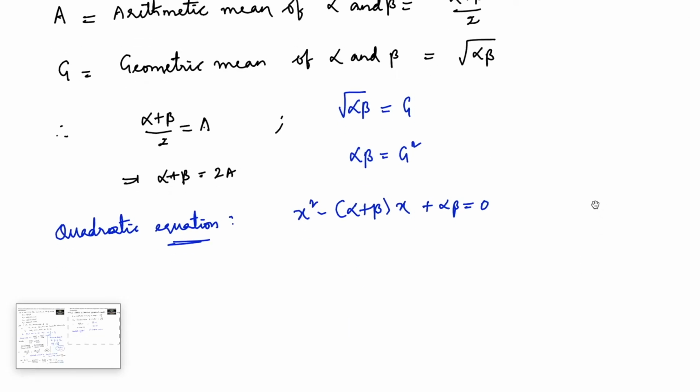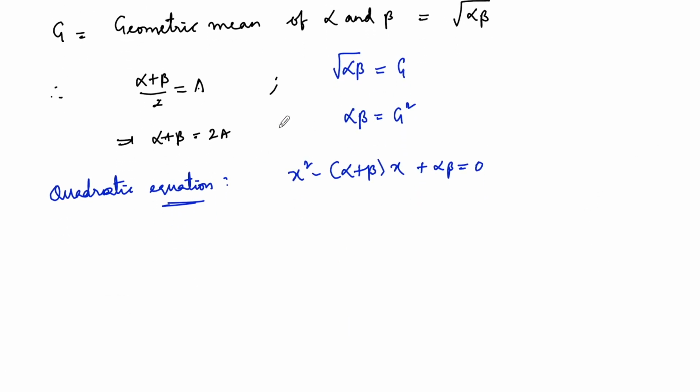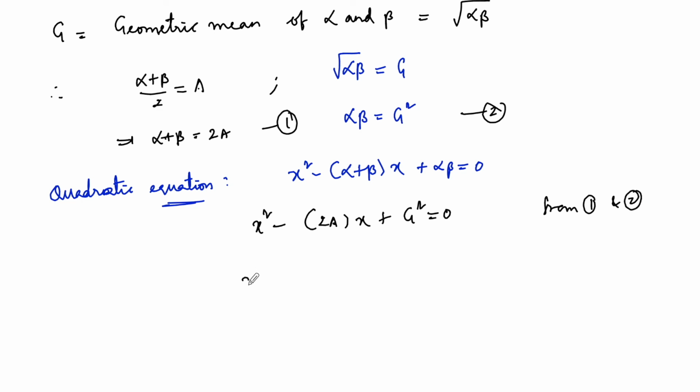So here alpha plus beta is 2 times a, say this is 1 and this is 2, so we can write x square minus 2a times x plus alpha beta, which is g square, is equal to 0, from 1 and 2. So we can write x square minus 2ax plus g square is equal to 0 is the required equation.